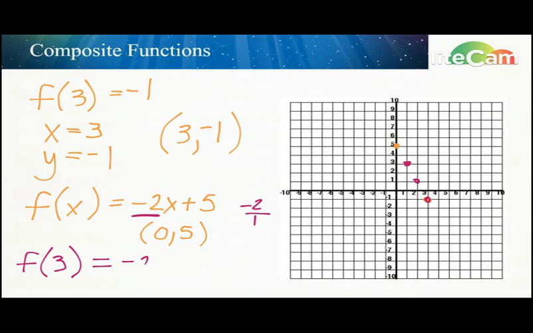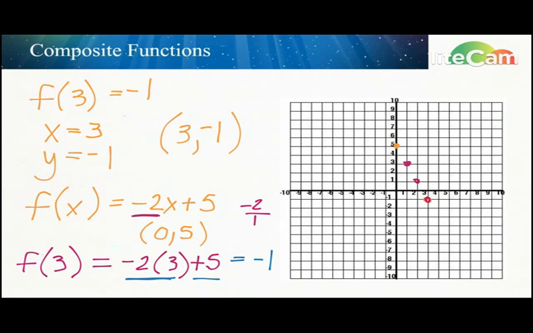So I can also put 3 into the equation and calculate. -6 plus 5 will give me -1, which is the same answer we had before. The answer to f of 3 equals -1, regardless of whether I put it in the equation or use the graph. We're really only talking about a point.